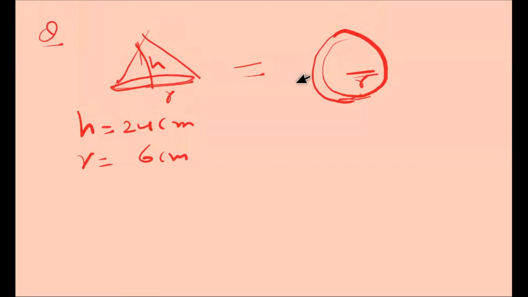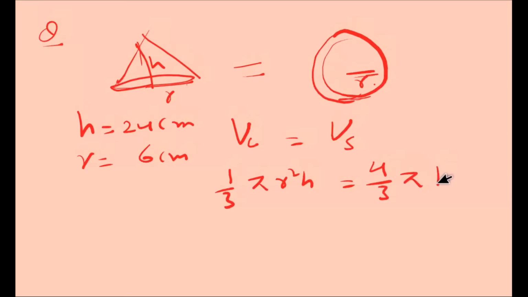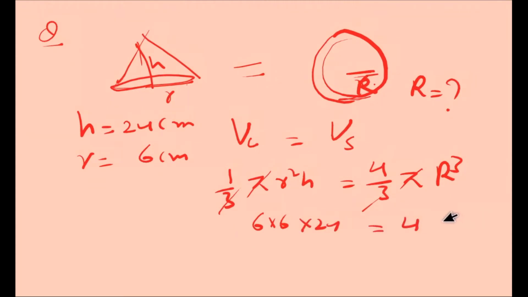So the volume of the cone is equal to the volume of the sphere. The volume of the cone is 1 by 3 pi r square h, and the volume of a sphere is 4 by 3 pi r cube. You have to find the radius of the sphere. Solving, cancel out the common terms and put in the values: 6 into 6 into h 24 equals 4 r cube.